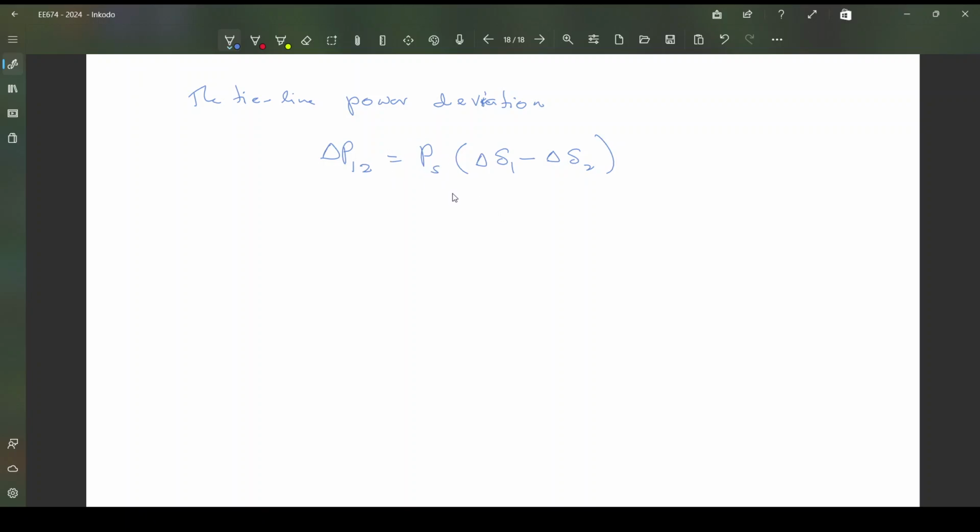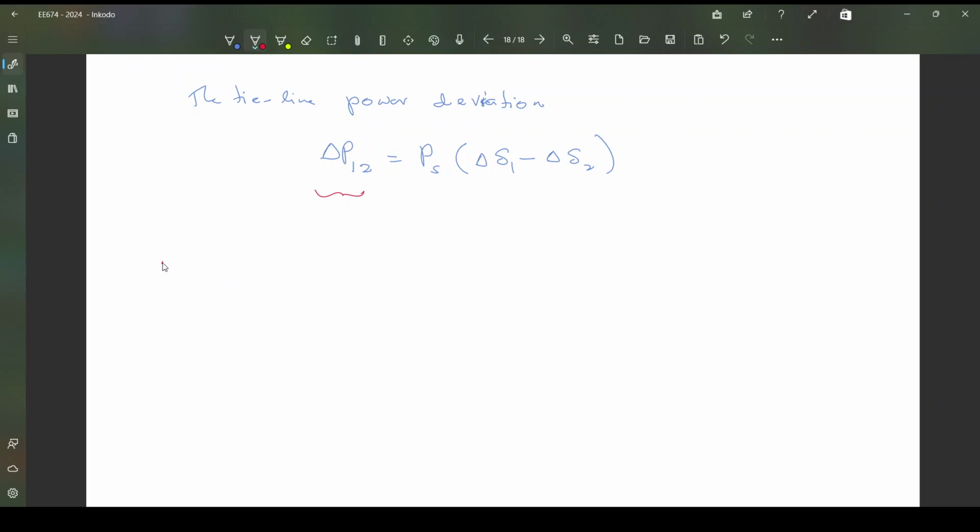Now you can see that the tie line power flow happens when the power in one area increases, or the load in the other area decreases.